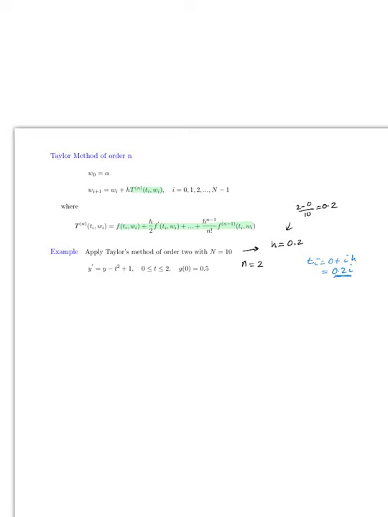Before we go any further, recall that this is f of t, y. So therefore, f prime, because we're going to need f prime of t, y, is equal to y prime minus 2t plus 0. But remember that y prime is equal to all of this.